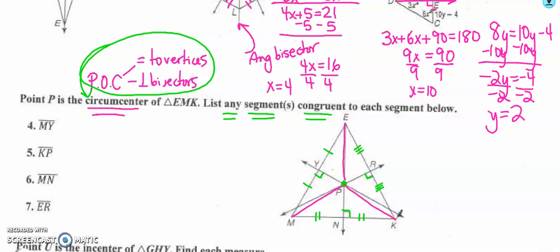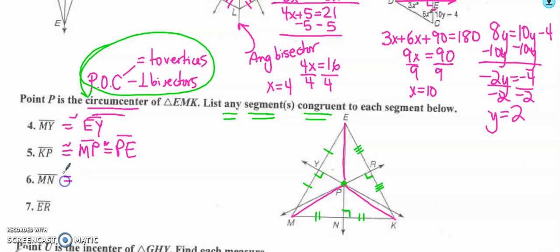Now we can say, okay, MY has to be congruent to EY. KP is congruent to two segments. It's congruent to MP, and it's also congruent to PE, to the vertices.